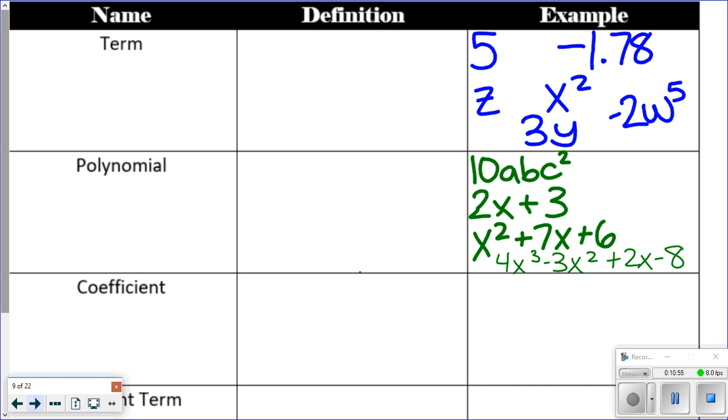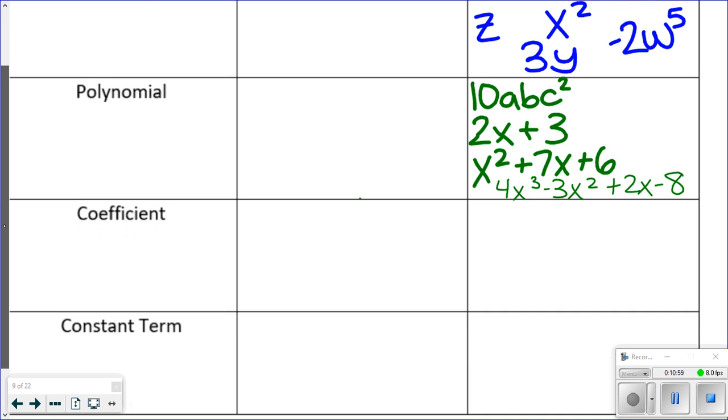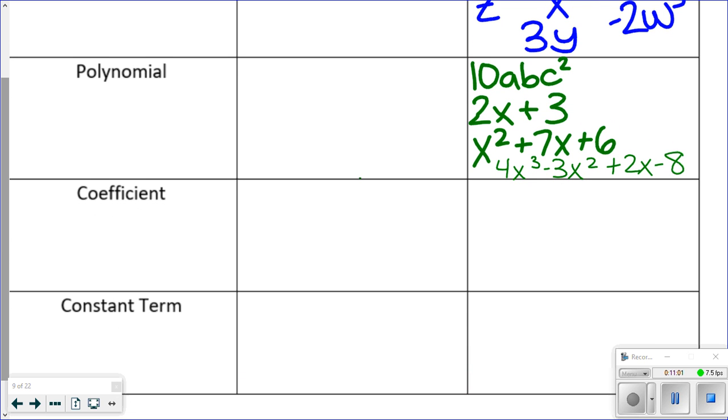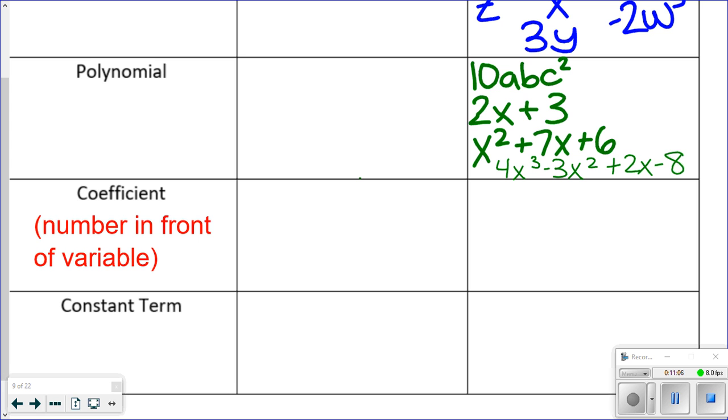So back on our note sheet, we're going to add both of these. So under coefficient, you can write it's the number in front of the variable, or if we use the term the book gave us, it's the numeric factor of a term. Numeric factor of a term.